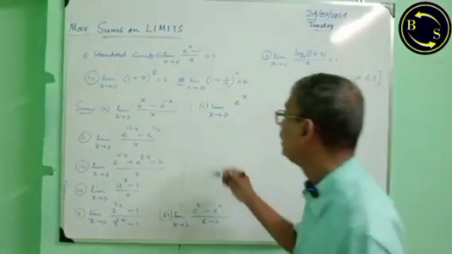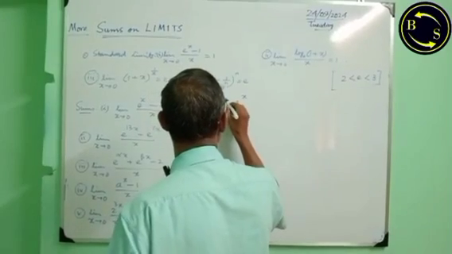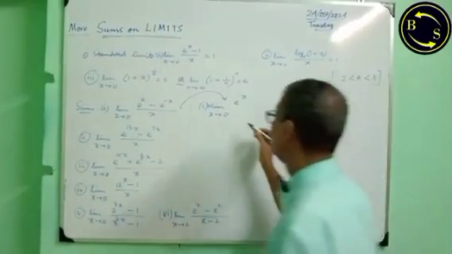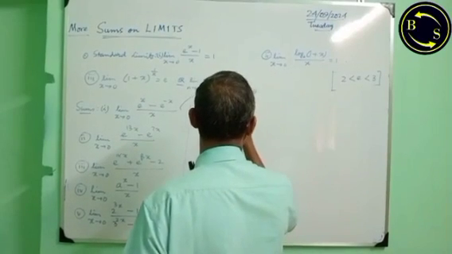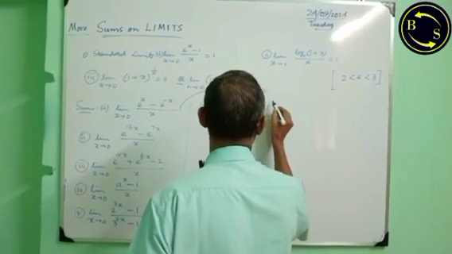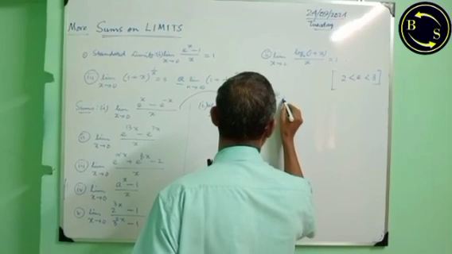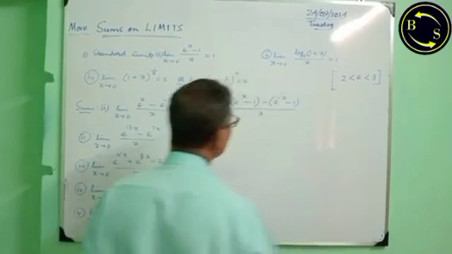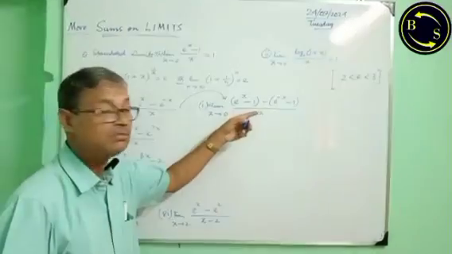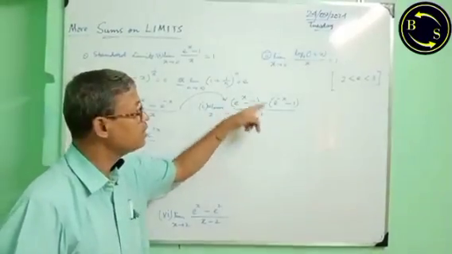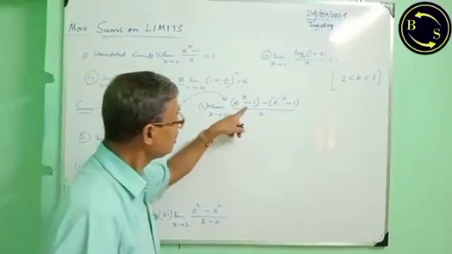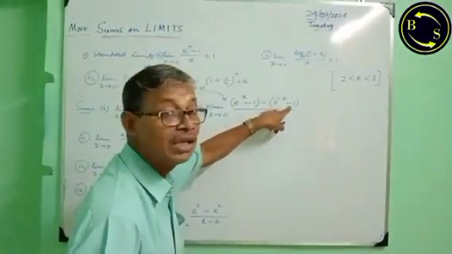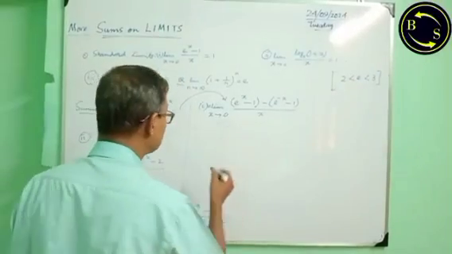For that I write this limit in this form. For the standard form, e to the power x minus 1 divided by x, I am getting this part. Then I have subtracted here 1 and also subtracted another minus 1, like this.